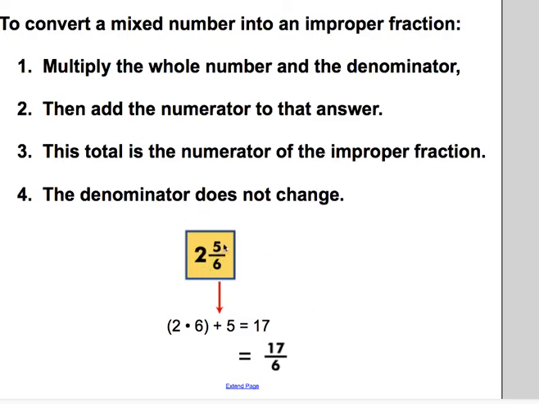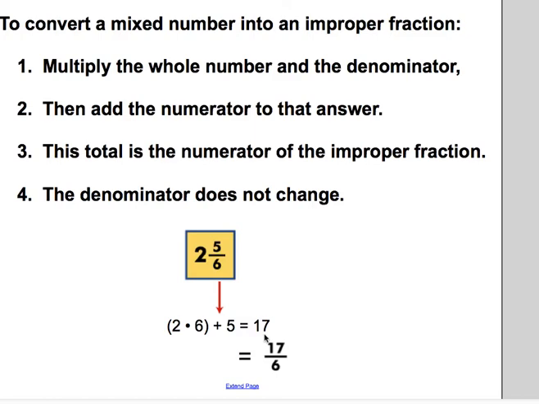So if your number is 2 and 5/6, this is the same problem we had on the last page. A third way to think about converting it. All you have to do is take your whole number 2, multiply it by your denominator 6, so 2 times 6, and you get 12. Then add the numerator of your fraction, so 12 plus 5 gives you a total of 17.